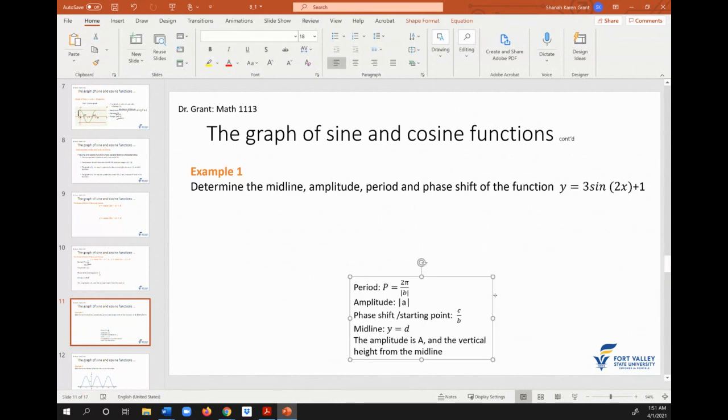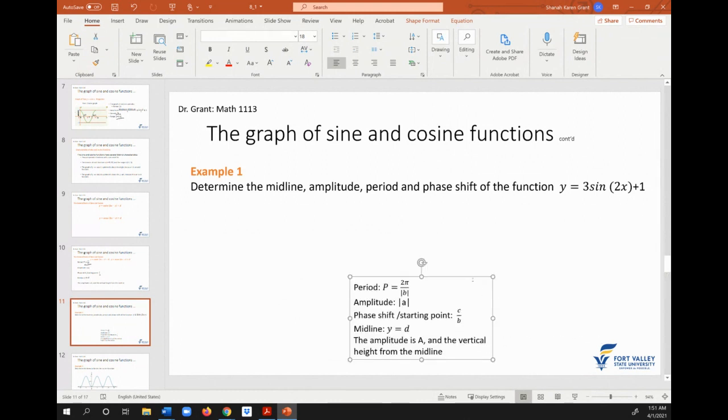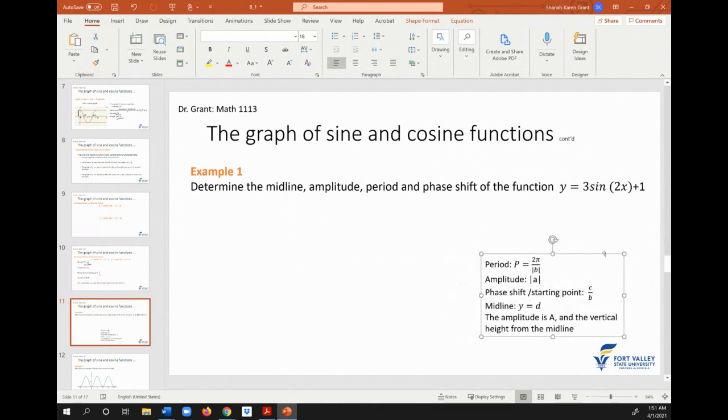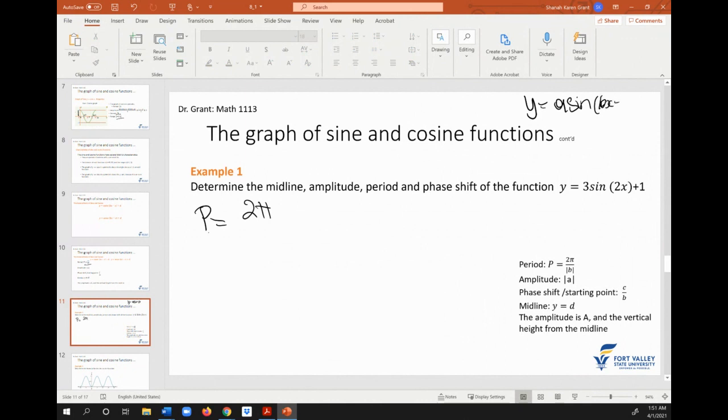All right, so if we're finding the period, P equals 2 pi over b. Recall that it's y equals a sine of bx minus c plus d.